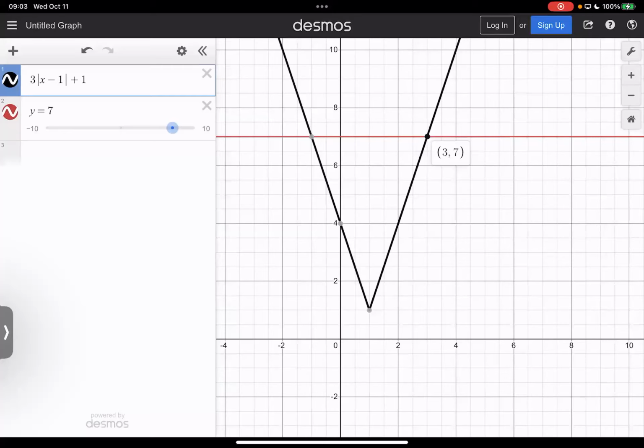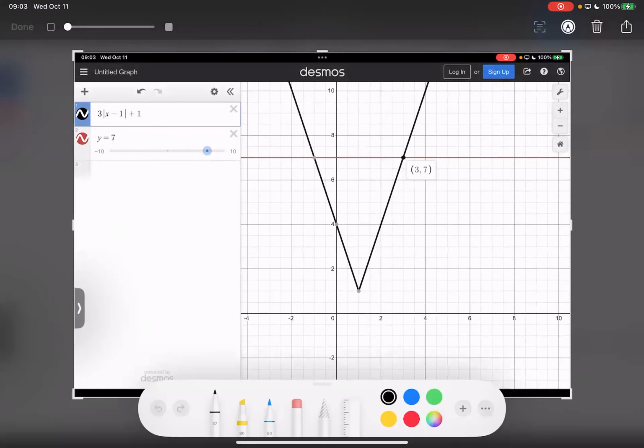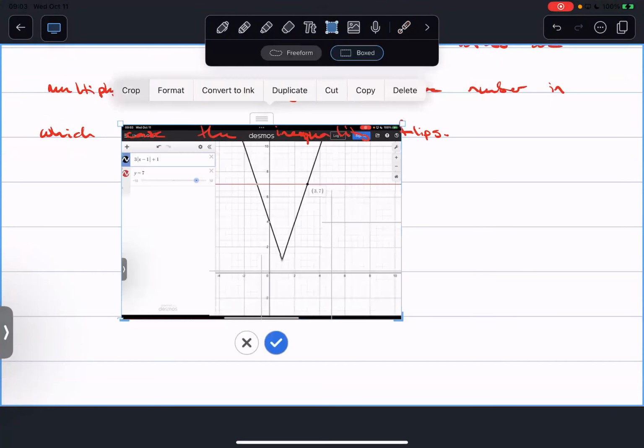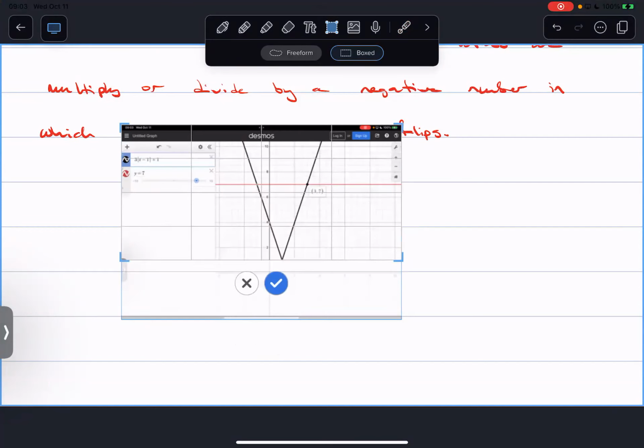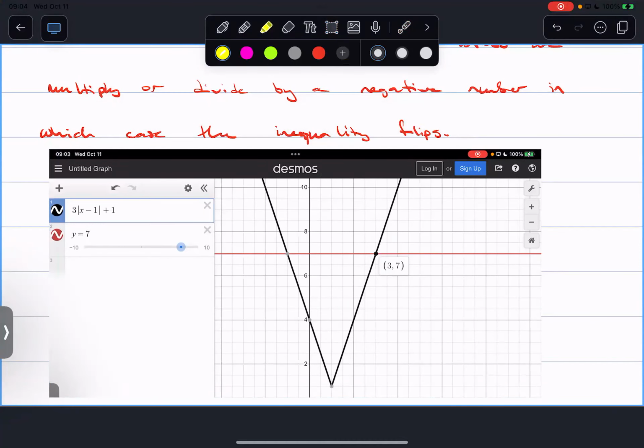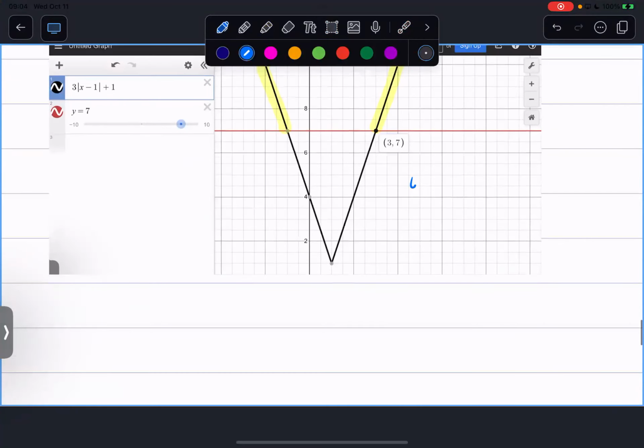Okay. So here, we want to find the intervals where this inequality is true.